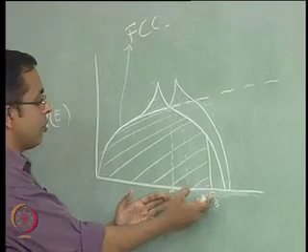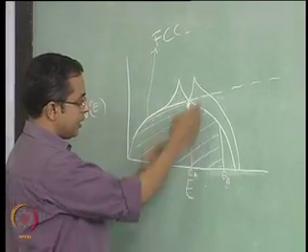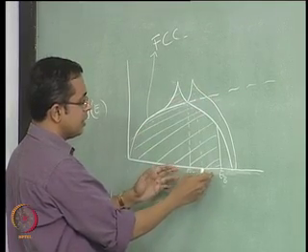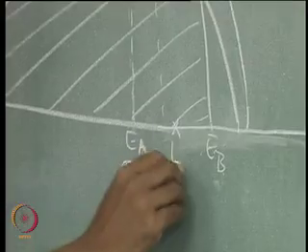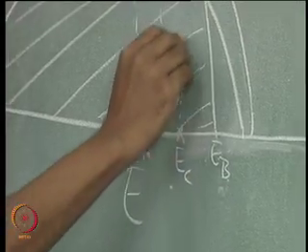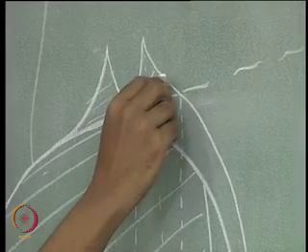Okay, but if you look at the BCC structure, because more states are available in this region compared to the FCC structure, you may only need to go up to EC, some arbitrary EC here, to accommodate the same number of electrons.